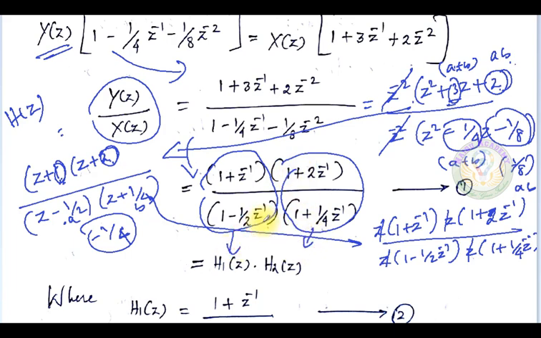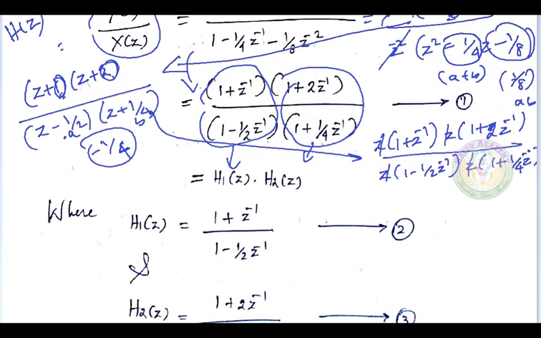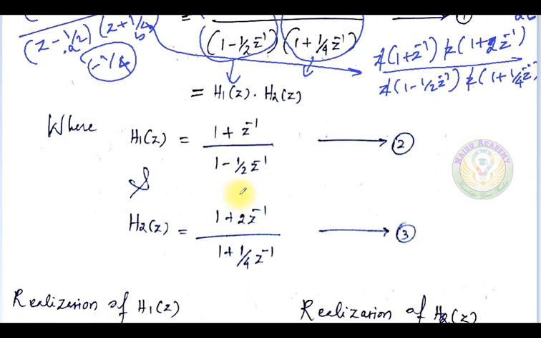Now you have to implement these two system functions separately using direct form 2. Here h1 of z can be represented as y1 of z divided by x1 of z.